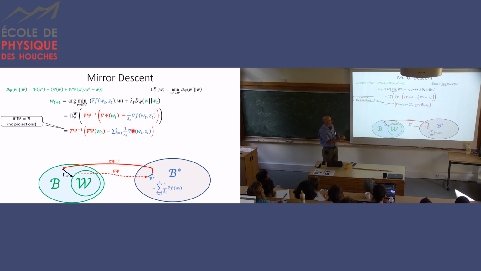Okay? But each time to figure out at what point you need to calculate the gradient, you have to go back to the primal space. So each primal iterate is an inverse link function mapping of the sum of the gradients in the dual space. Okay? And this is just the initial point.